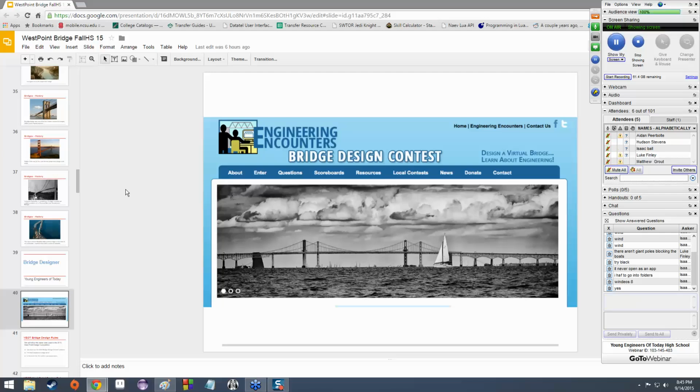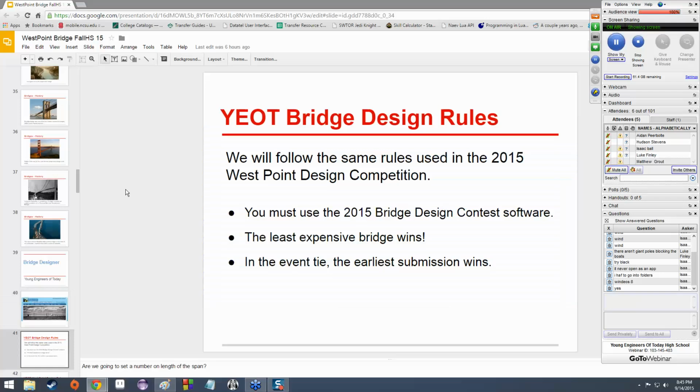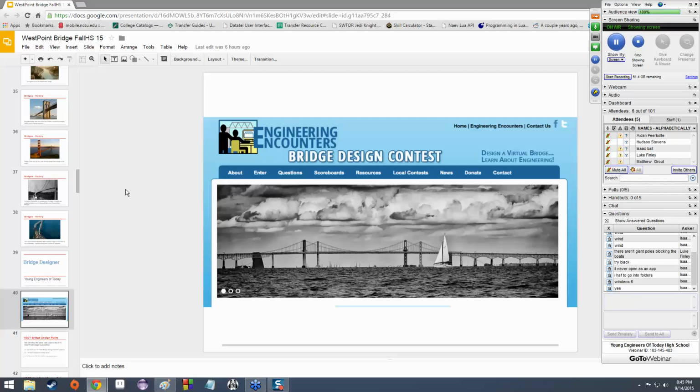Oftentimes they have local and larger contests, and we're going to have one of our own. You'll find most of the rules on the 2015 West Point Design Competition website, in case you want to go into more detail.